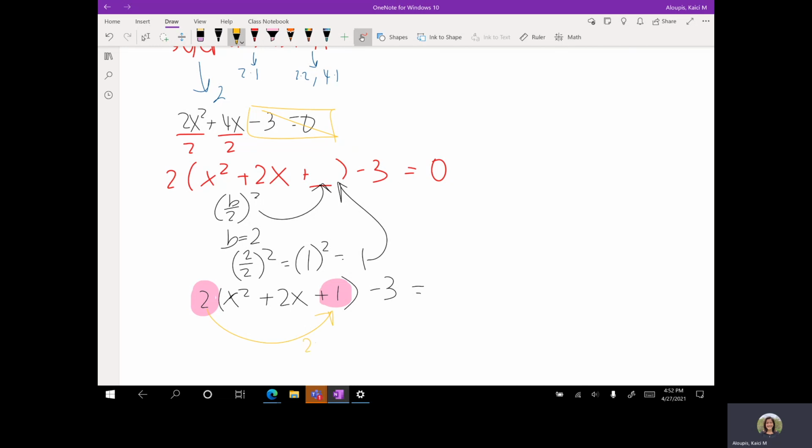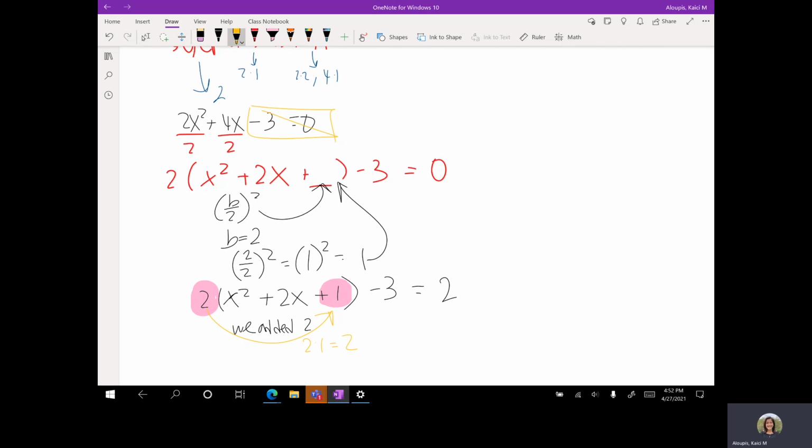So we did 2 times 1, which is 2. This is what we added. Because we added 2 to the left side, we need to add 2 to the right side. So that's why I put that 2 there.